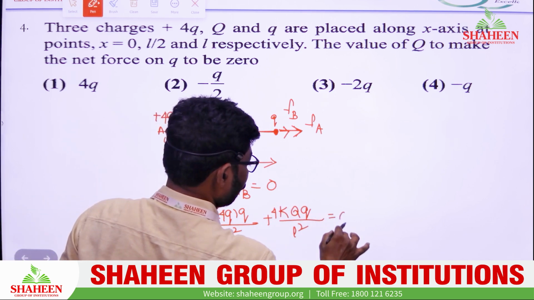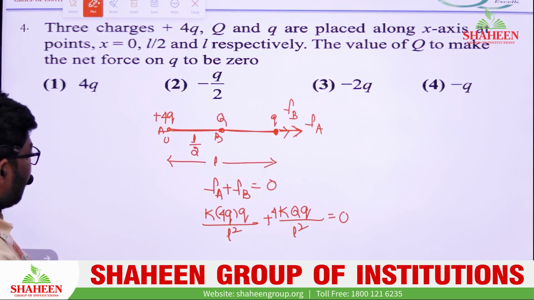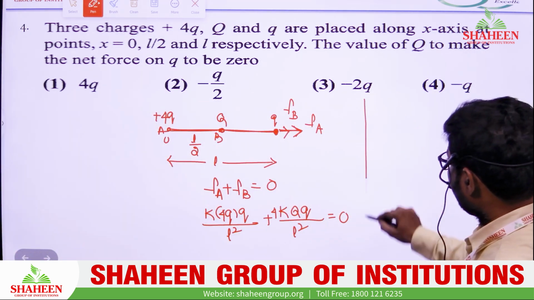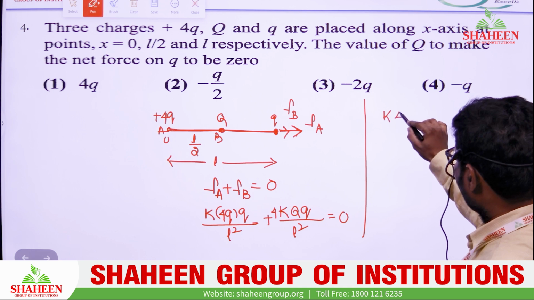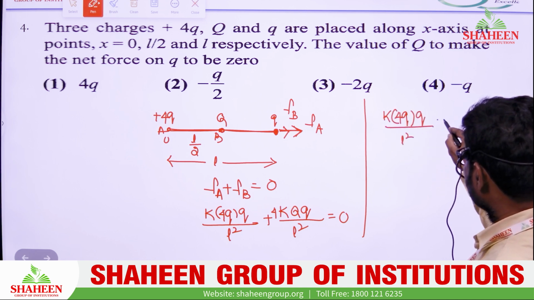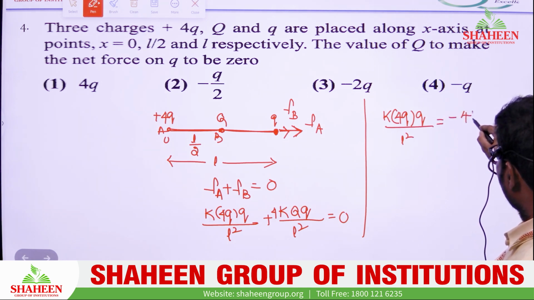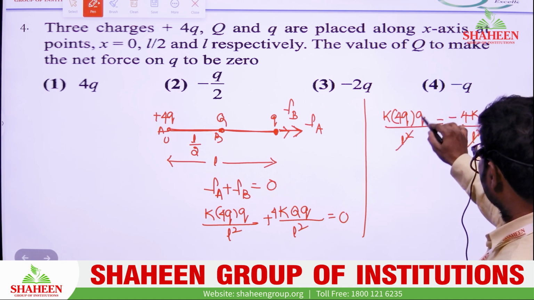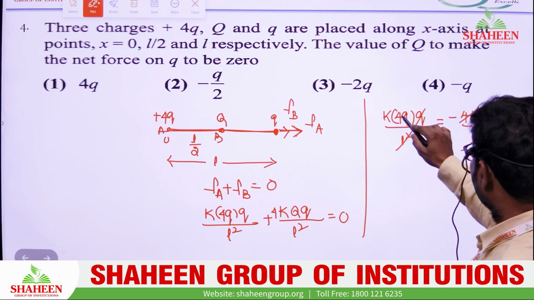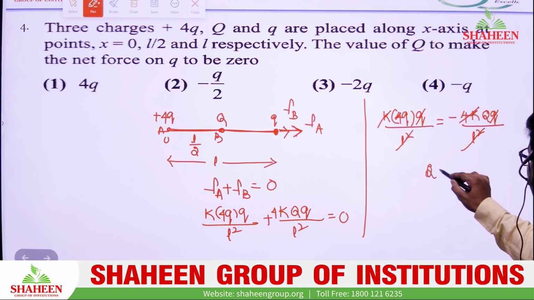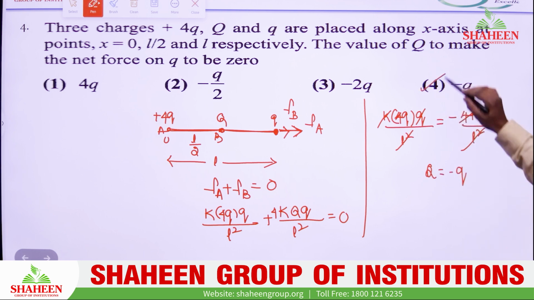If you equate those, K 4q into q upon L square is equal to minus 4K capital Q small q upon L square. The q gets cancelled, the 4K gets cancelled. So capital Q is equal to minus q.